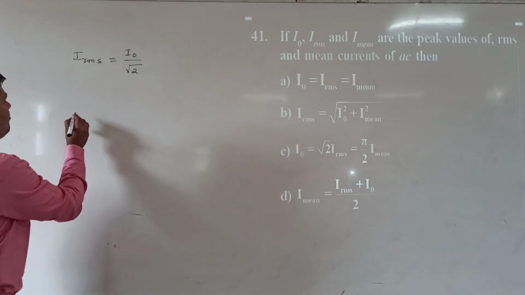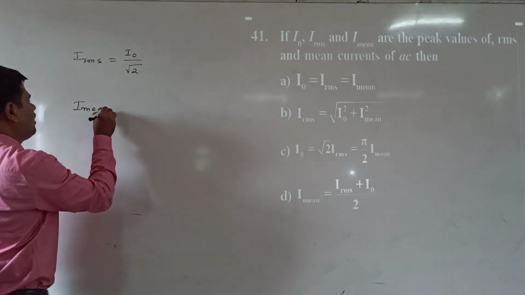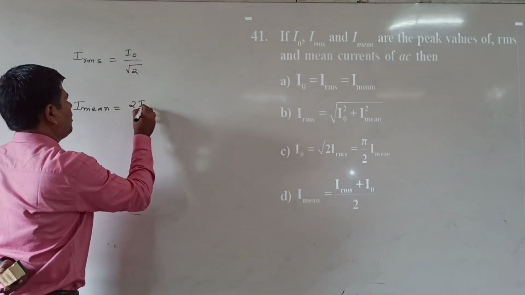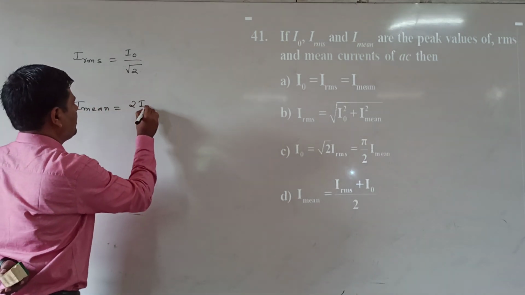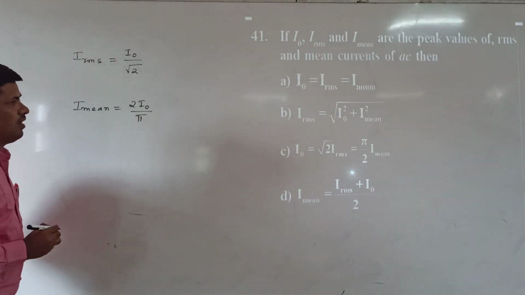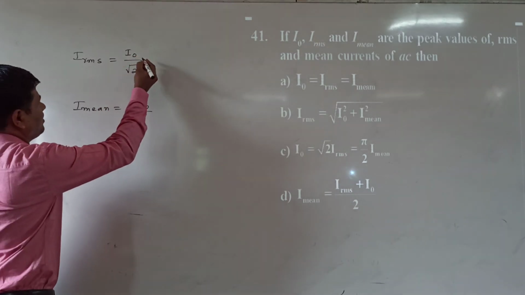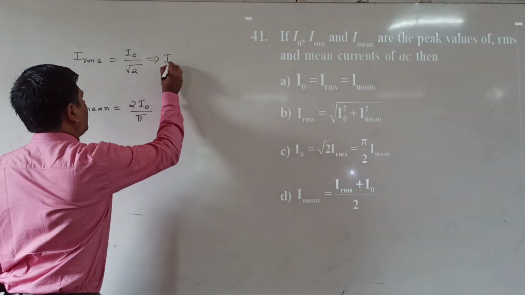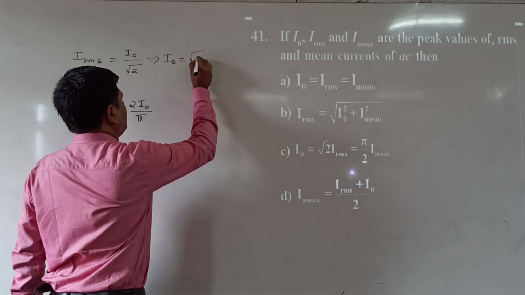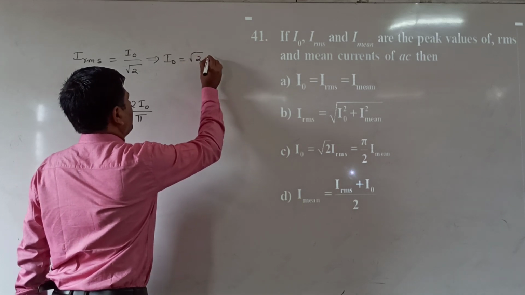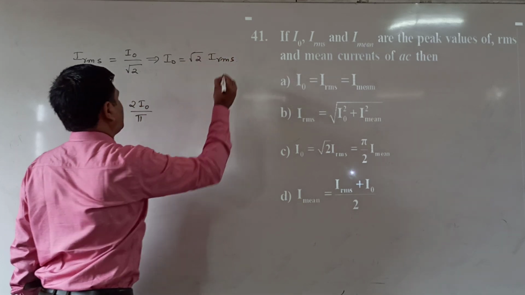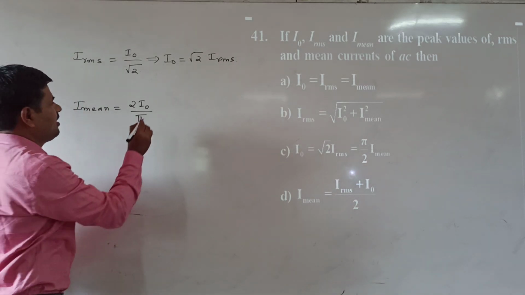Now I mean is equal to 2 I naught by pi. From this we find the I naught value. I naught is equal to root 2 into I RMS.